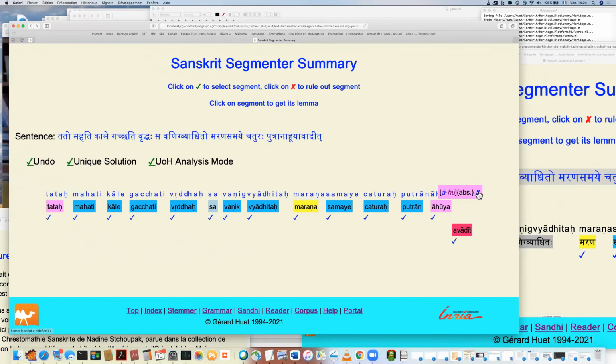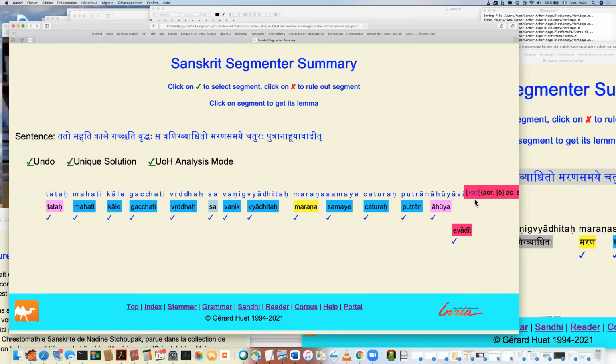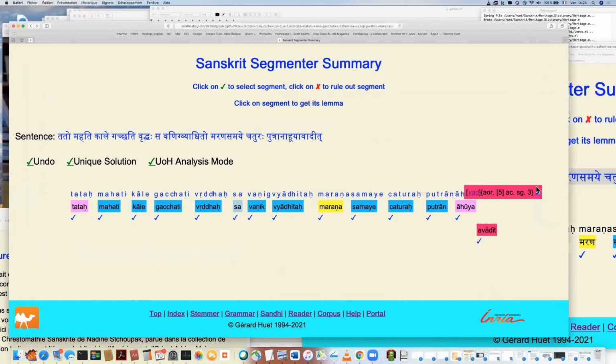So this absolutive clause is most of the sentence. So he called his four sons, and then he said about it. So again, it's the aorist, so it means in the past. It's prathama, he, the Vanik.